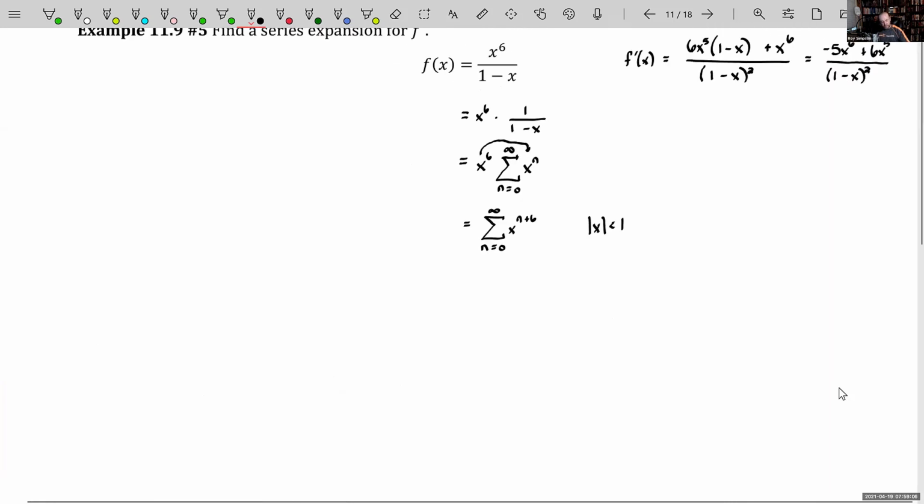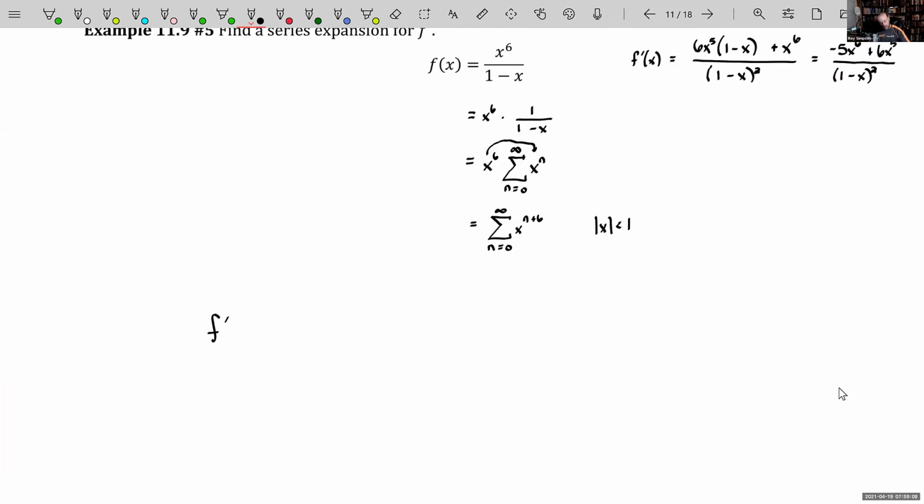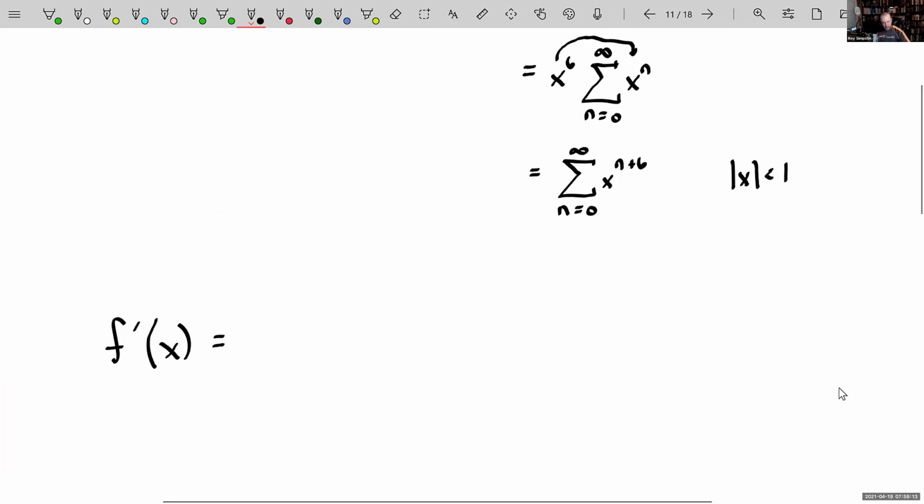Let's see, taking the derivative, f prime of x is equal to, I'm going to write it this way, a sum. I'm not going to tell you the index of the sum. I'll just say it starts at n equals something, ends at infinity. And I'll take the derivative of x to the n plus 6.